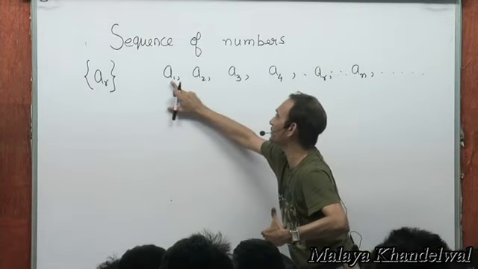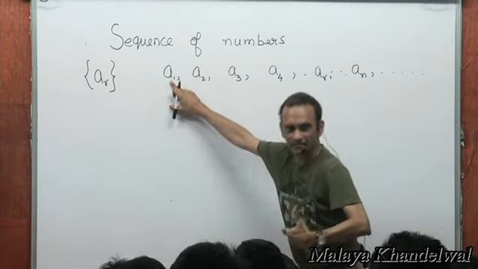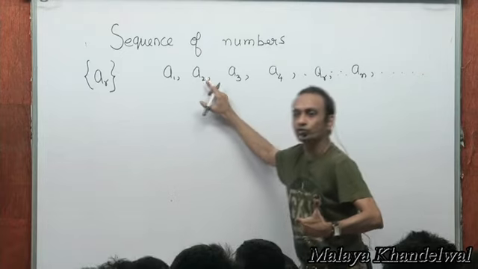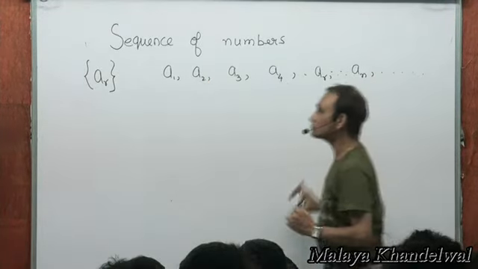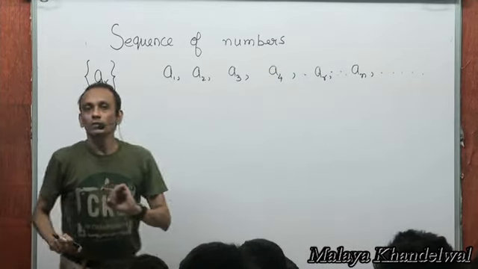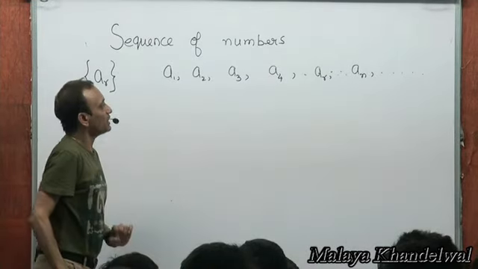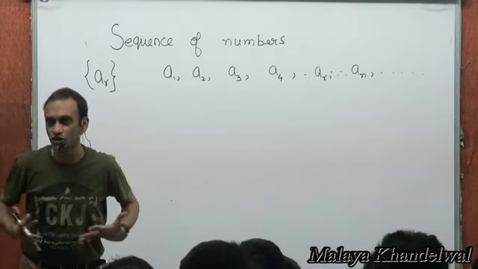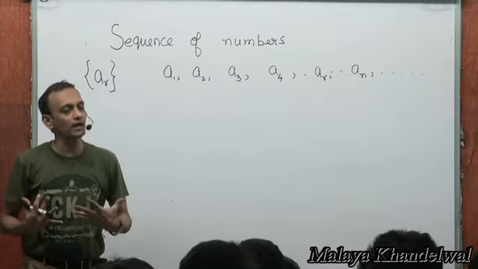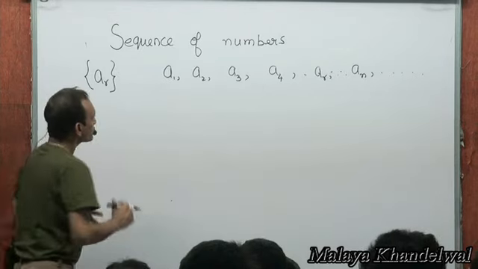When it floats, it could be A1, A2, A3, and so on. The generic way these numbers are looked upon is AR.